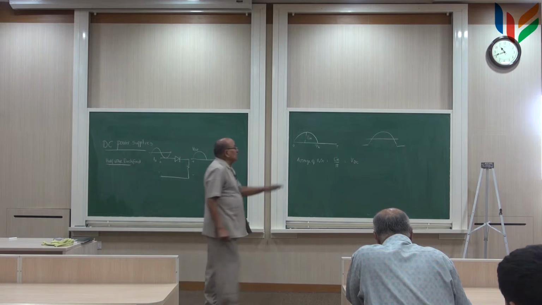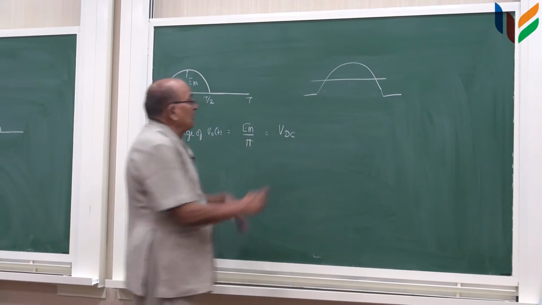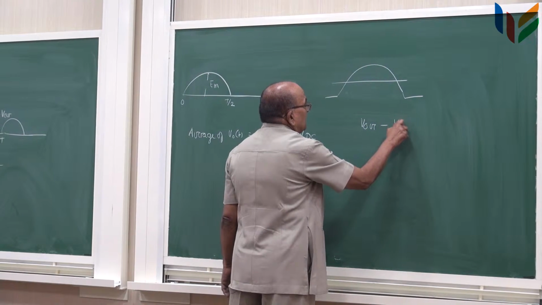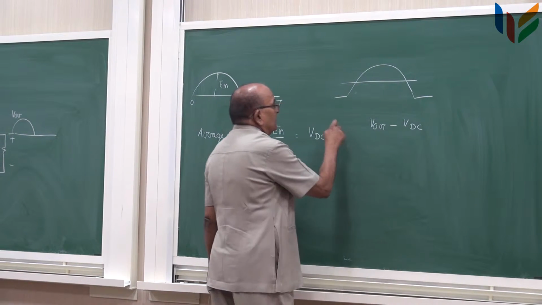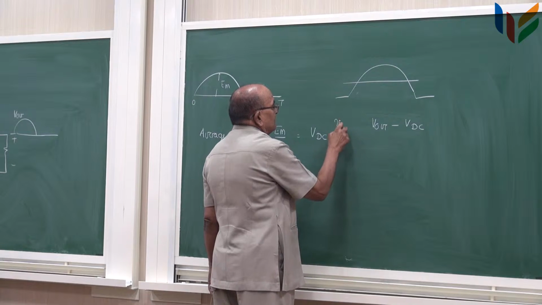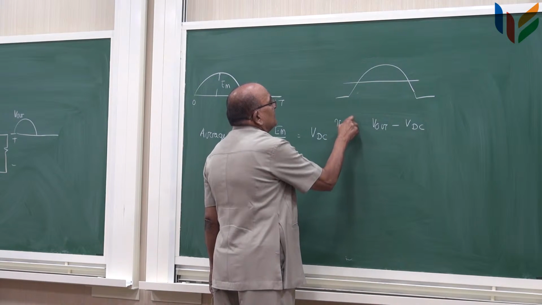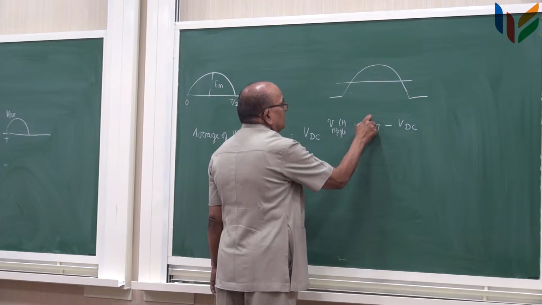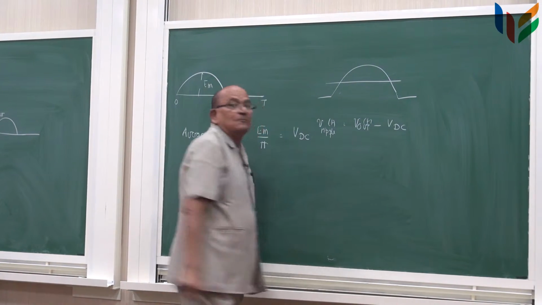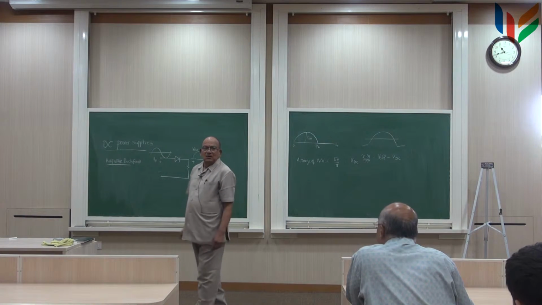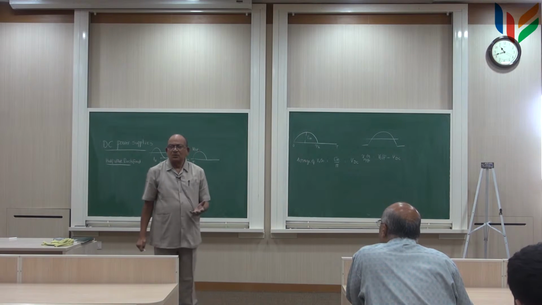So this, that is V out minus VDC, is some signal called a ripple signal. Ripple. So this ripple is undesirable.